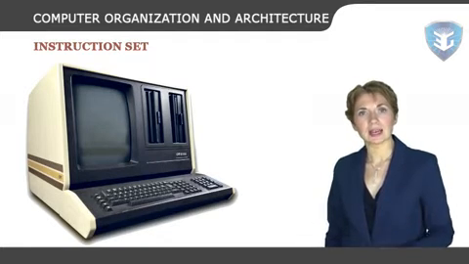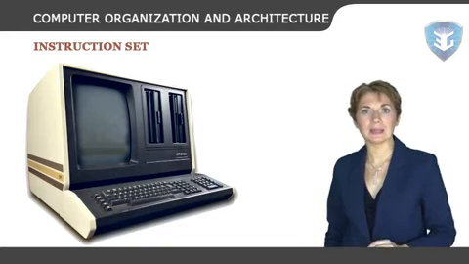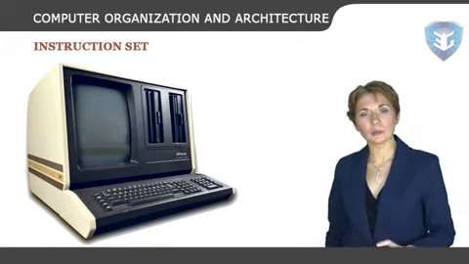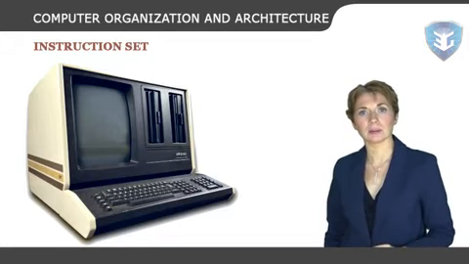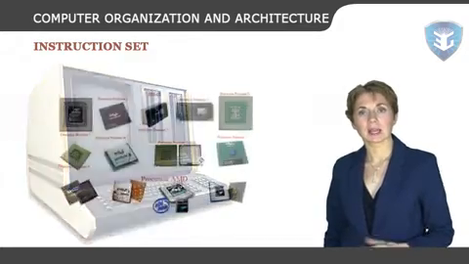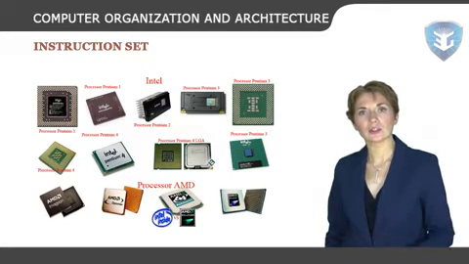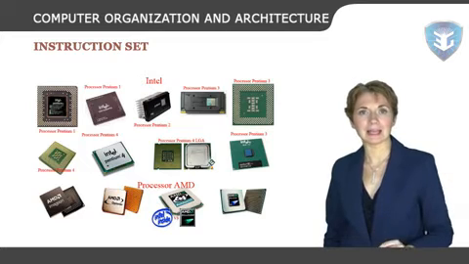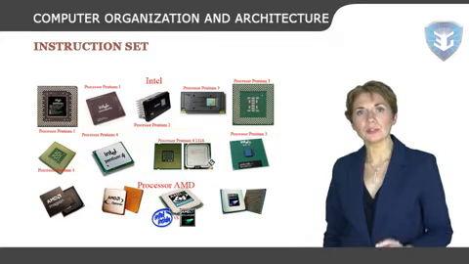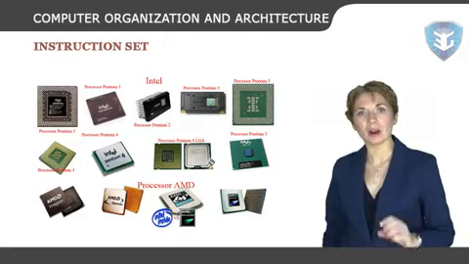The instruction set is hardwired or embedded in the processor, which determines the machine language for the processor. The more complex the instruction set is, the slower the processor works. Based upon the instruction sets, there are two common types of architectures: complex instruction set computer, CISC, and reduced instruction set computer, RISC.